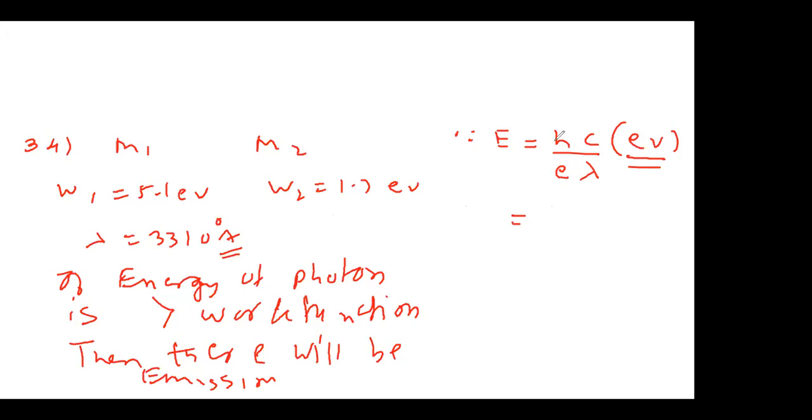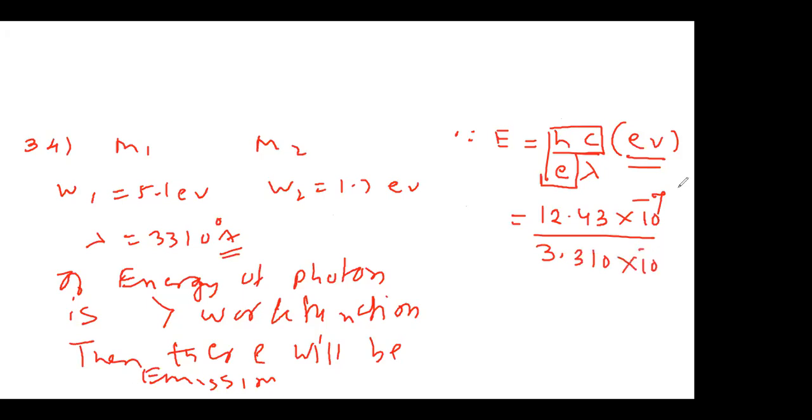Now, hc upon e, I am writing the value by heart so that you can do all things very fast: 12.43 into 10 raised to minus 7. And lambda is 3.310 into 10 raised to minus 7 here. This will get cancelled. So approximately we are getting 4 electron volts.